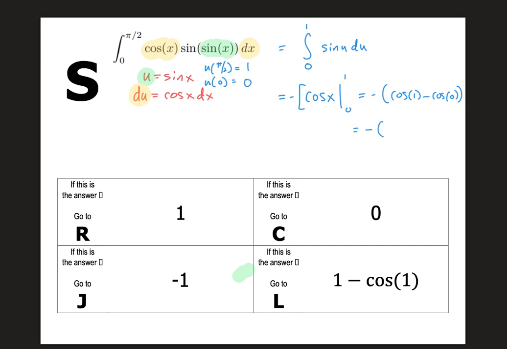Cosine 1 we can't evaluate, so we'll just leave that as cosine 1, and cosine 0 is 1. Just remember, anytime you take the negative of two things subtracted, all it does is switch the order, so cosine 1 minus 1 becomes 1 minus cosine 1.